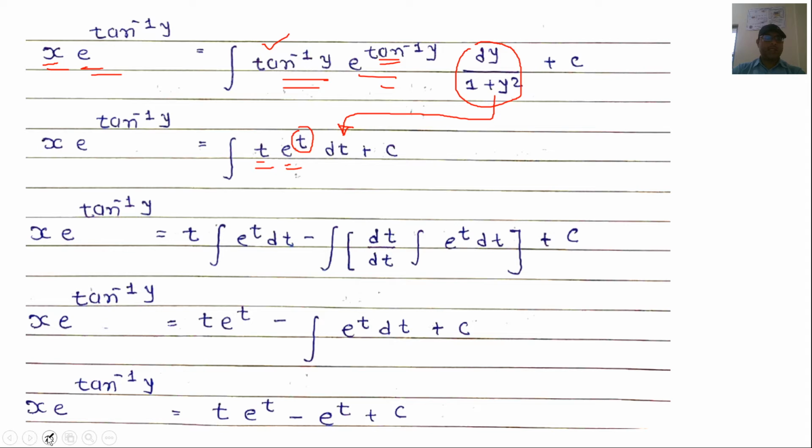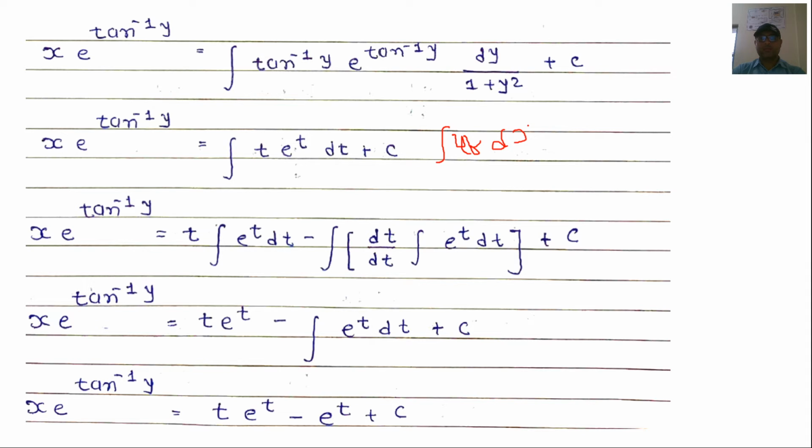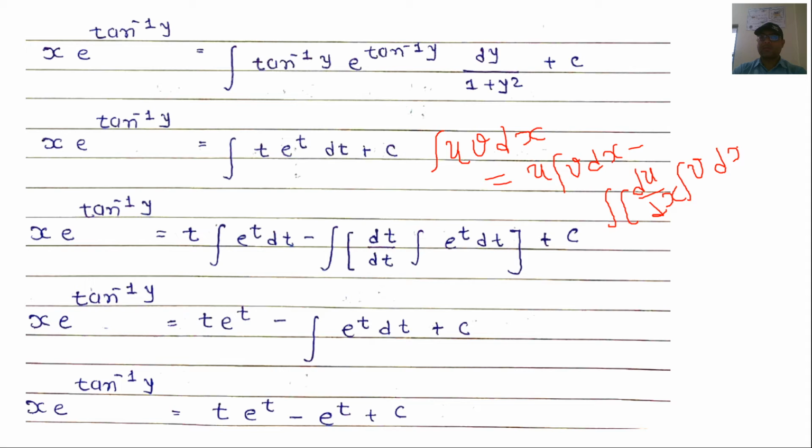Now integrate the right hand side. Here you can use this rule: integration of u into v dx is equal to u times the integration of v dx, minus the integration of the derivative of u, du upon dx, times the integration of v dx, dx.